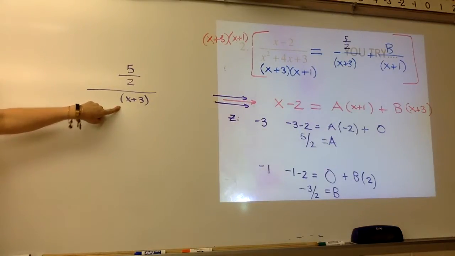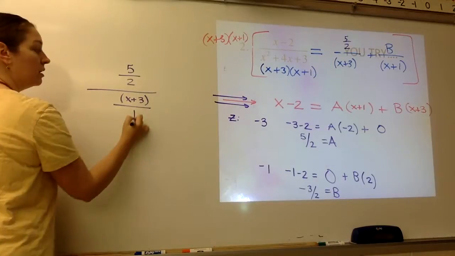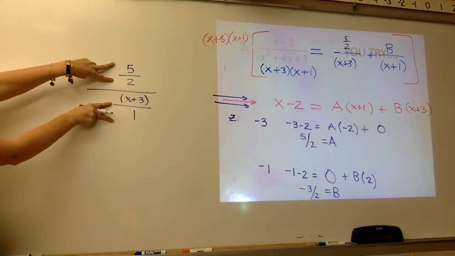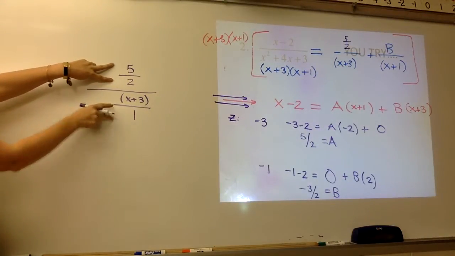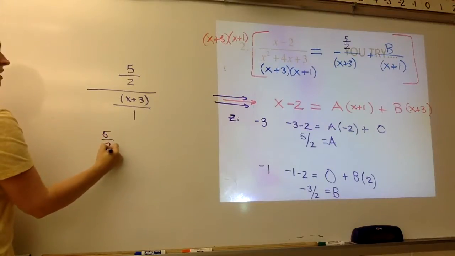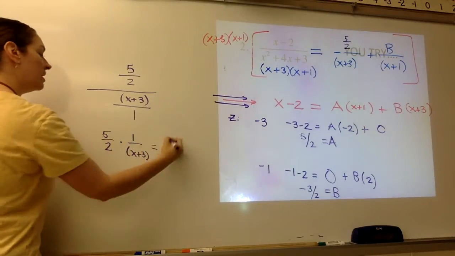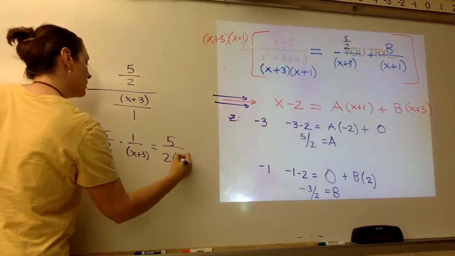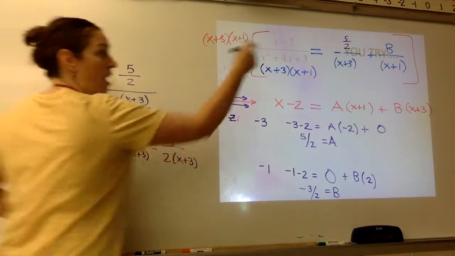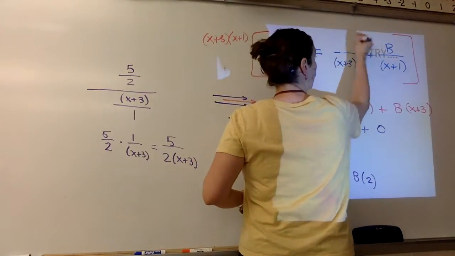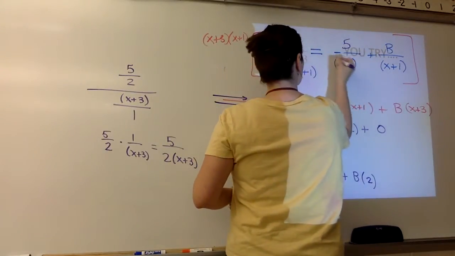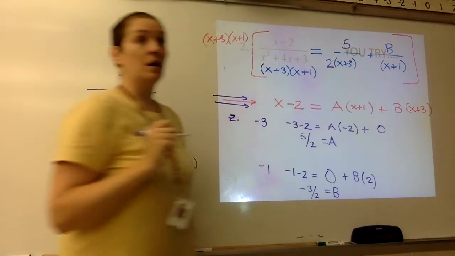What's x plus 3 over? 1. What's the rule with fraction divided by fraction? Multiply by the reciprocal. So technically, this is 5 over 2 times x plus 3. Up here, the 5 should be in the top, and the 2 goes to the bottom.